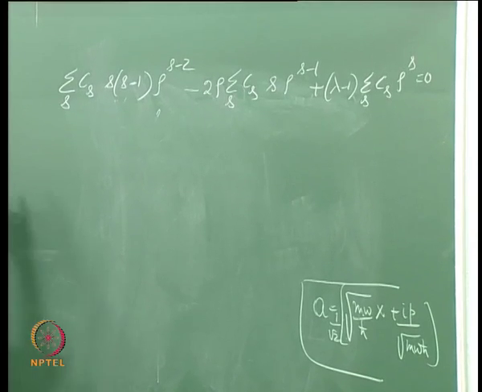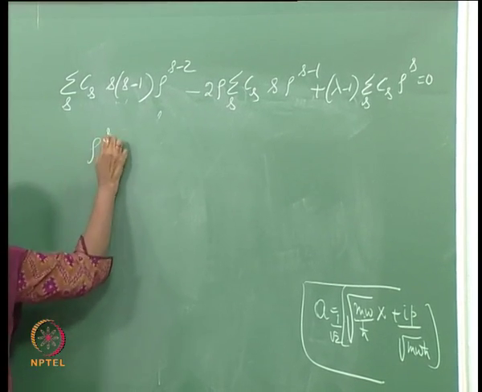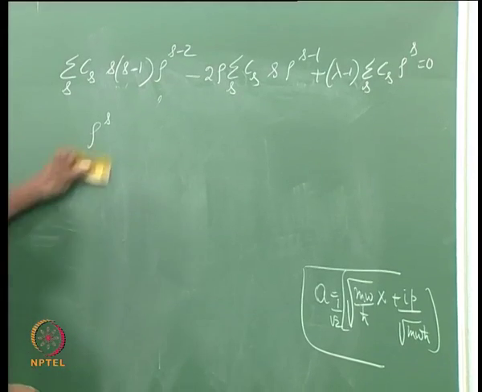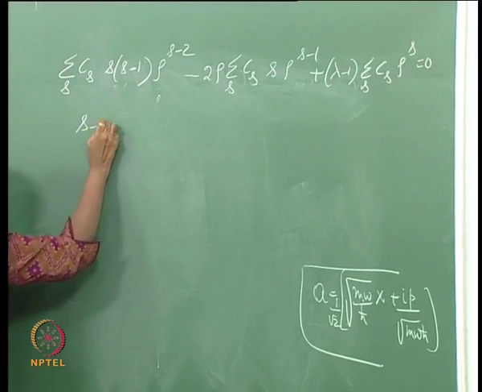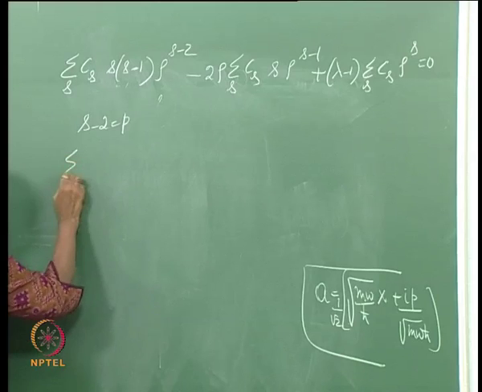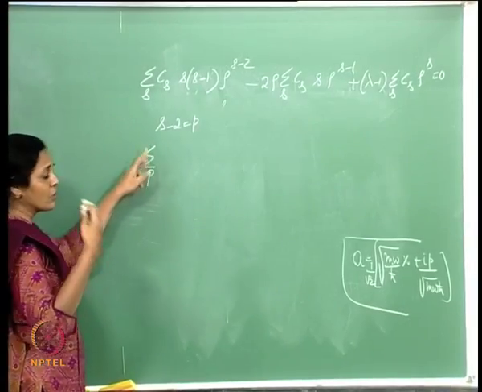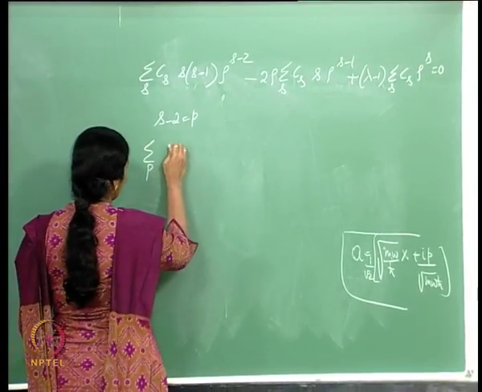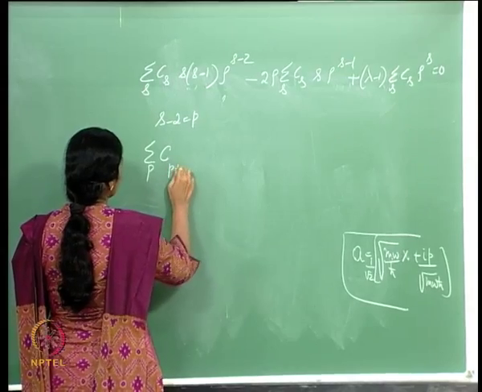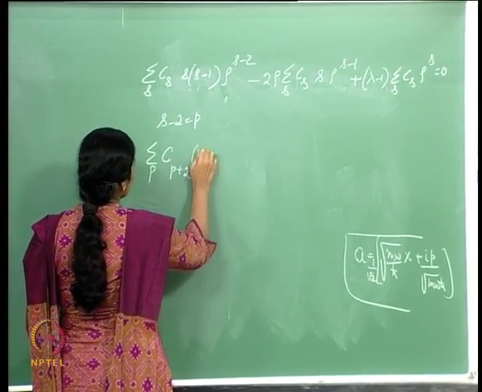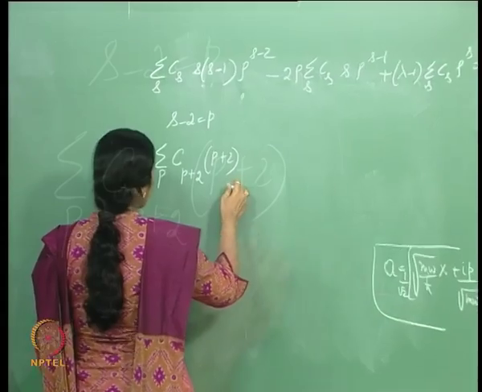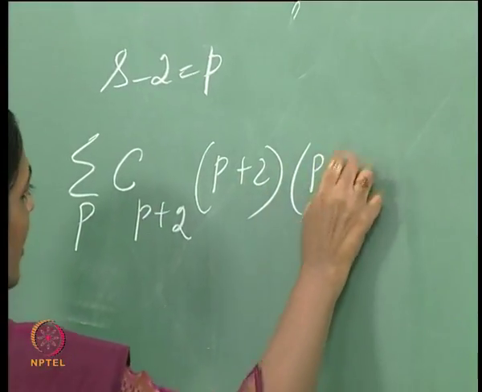So let us compare, let us write down the coefficient of rho to the power of s. So for that, let me redo the first term, call s minus 2 s p. So it is summation over p, suitable summation. I am only interested in the asymptotic value. So when s goes to infinity, p also goes all the way to infinity. So that is p plus 2, s is p plus 2. So s minus 1 is p plus 1.